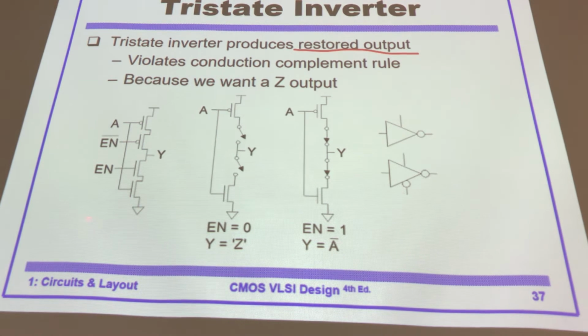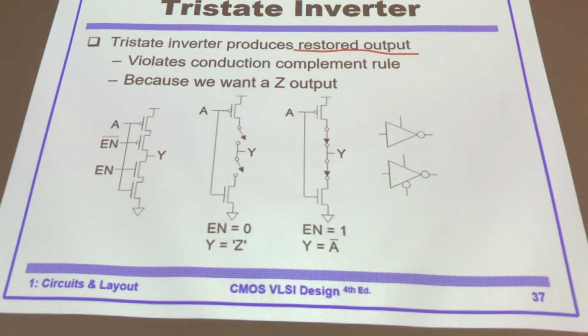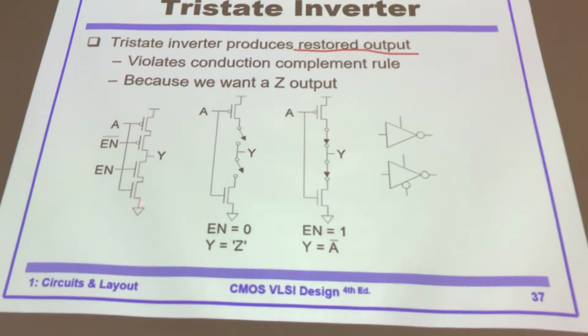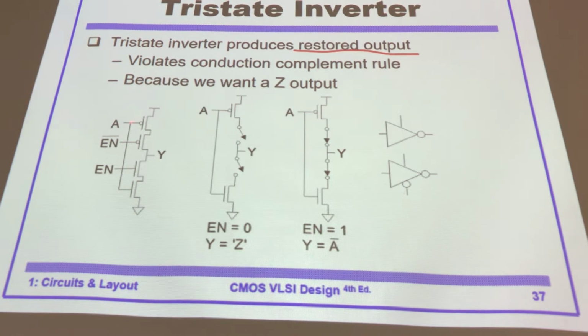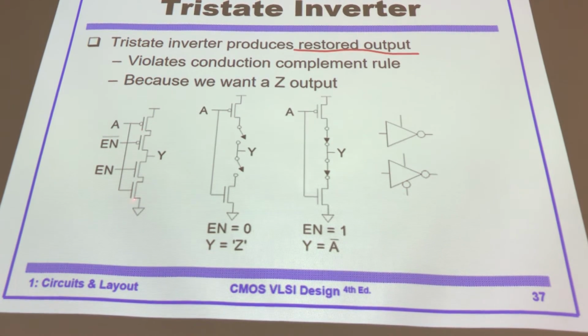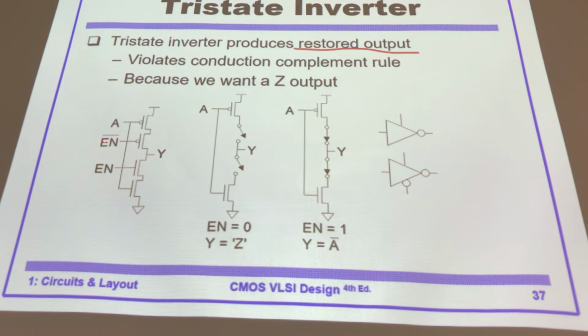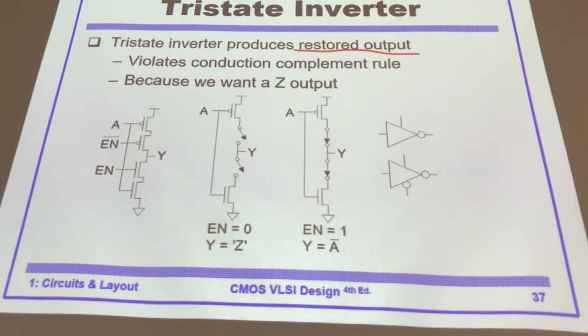Look at this circuit. What do you think? What's the operation? 2 PMOS transistors and 2 NMOS transistors. A input connected, 1 P and 1 N. Enable connected here, enable bar connected here to the PMOS transistor.